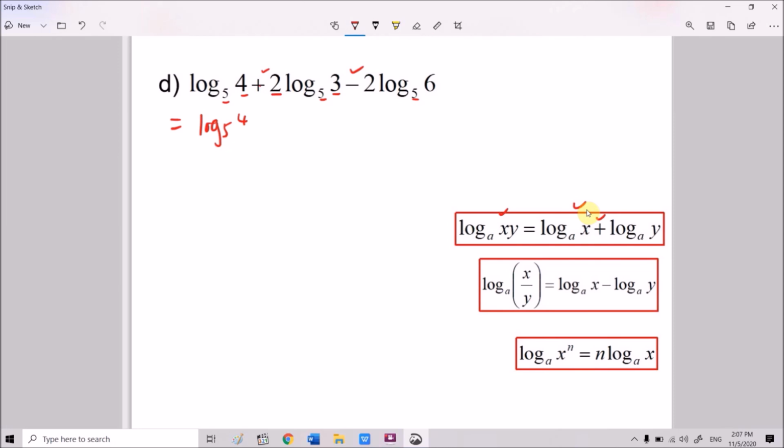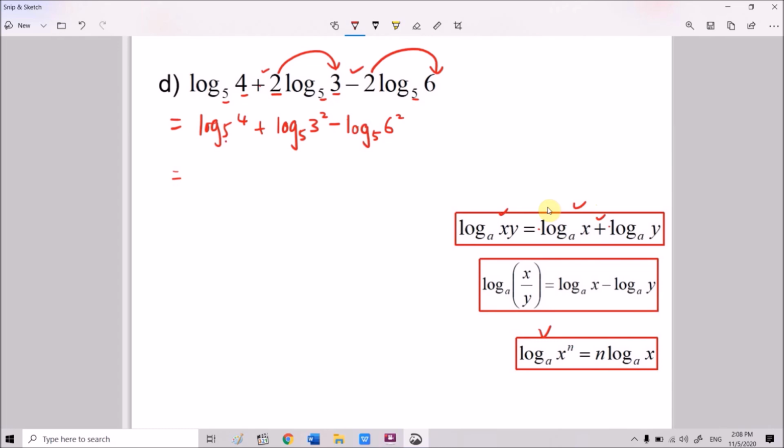Because according to this law, there must not be a value in front. So you have to move the 2 here and it becomes the power using the power law. So you have plus log base 5 of 3 to the power of 2 minus, the 2 here, I move it to the front as well. So I get log base 5 of 6 to the power of 2.